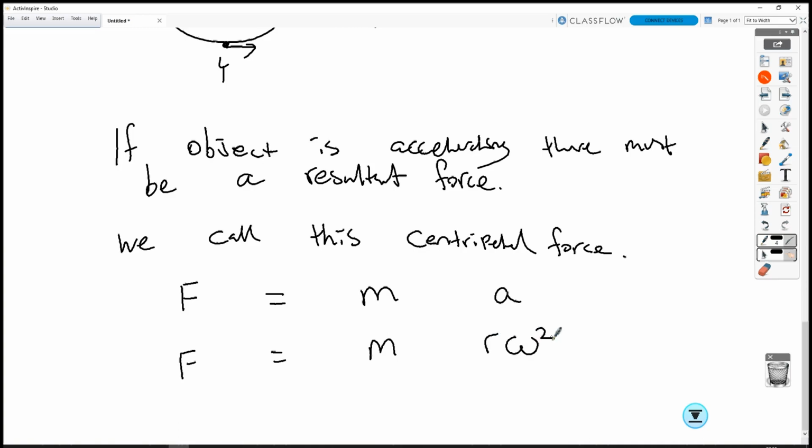So r omega squared is our centripetal acceleration. Another form of this is F equals m times v squared over r. In that form, v squared over r is our centripetal acceleration. Put a box around that.